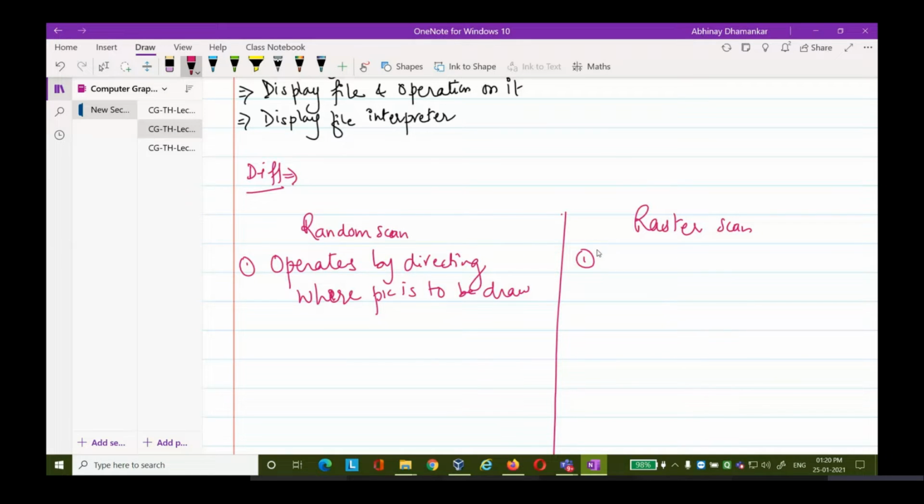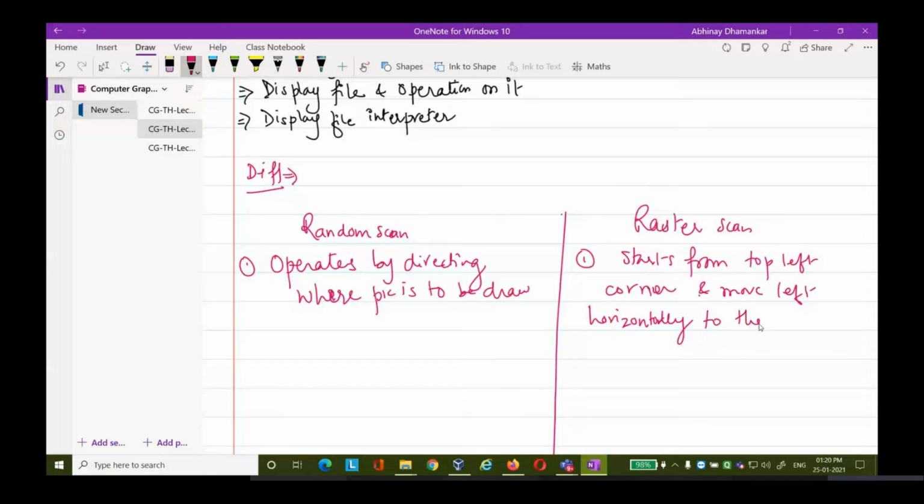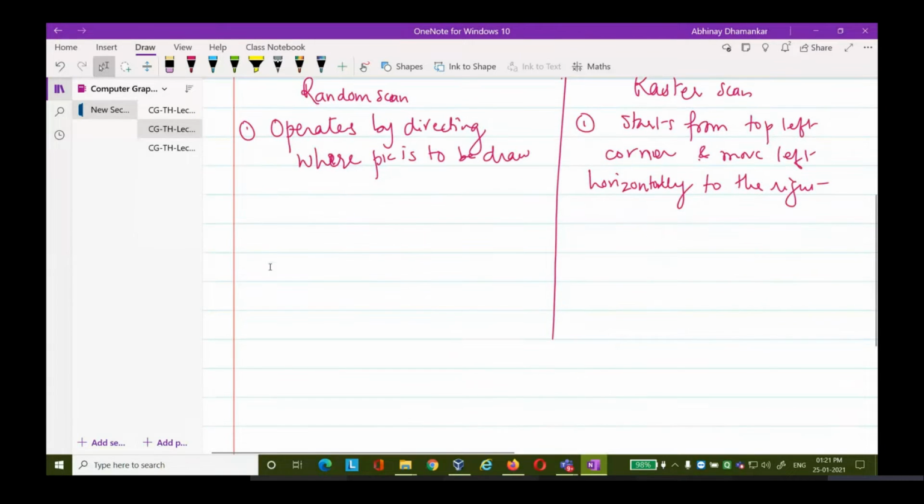And here, in raster scan, the electron beam starts from the top left corner of the screen and moves horizontally to the top right corner of the screen, and then moves left. So this is the first point covered.